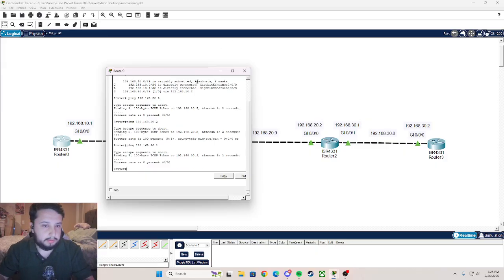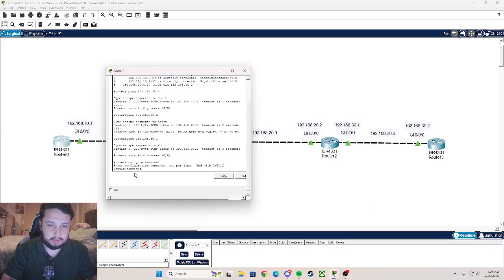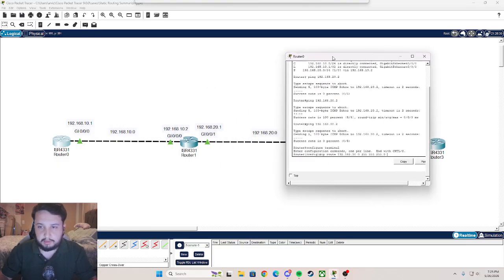Oh, it didn't work. I wonder why. So let me set up that static route then. Router zero is trying to reach this network, 192.168.30.0. This is where it can be a little tricky.